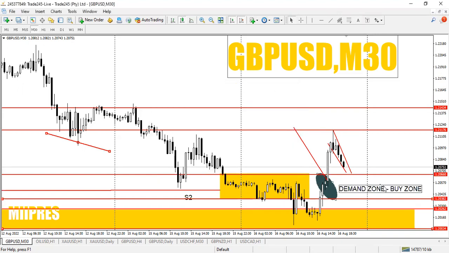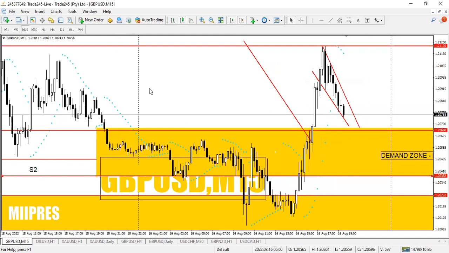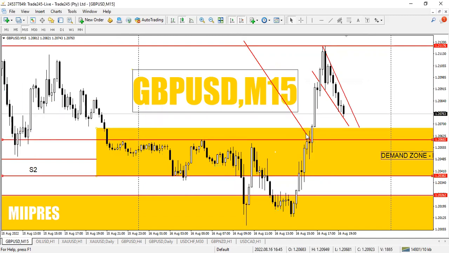So how is the market approaching that zone? The way it's approaching is in the form of compression. It is not aggressive. What do you expect? If you go to M15, this kind of thing over here, if you don't know it, now you know it.